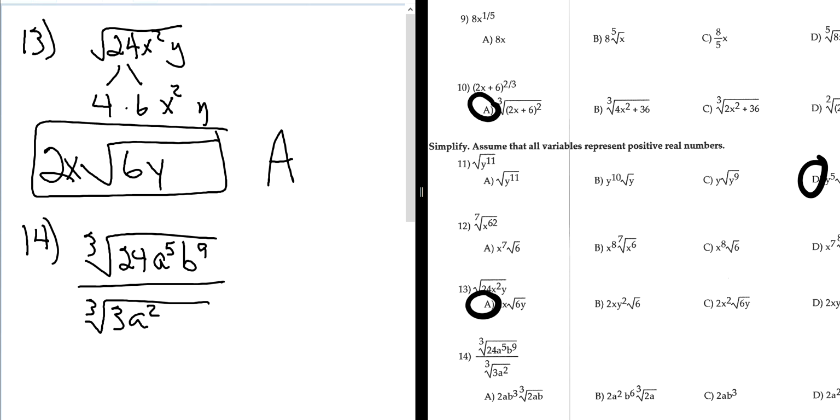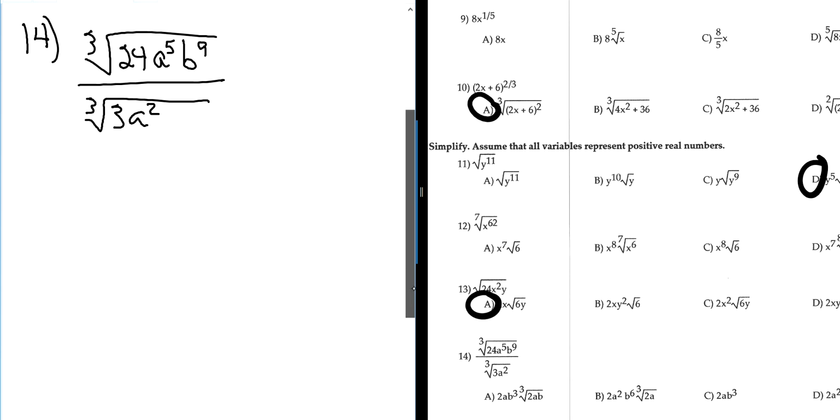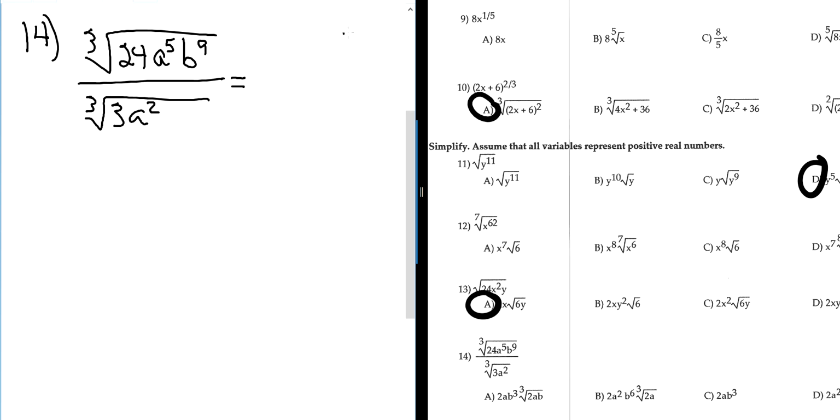Okay, for number 14, let's switch gears a little bit here. Since my indexes are the same here, I see I have values here that I can divide evenly. So I could write this up as the cube root of 24 a to the 5th b to the 9th over 3a squared, and I could do my simplifying underneath the radical at this point.